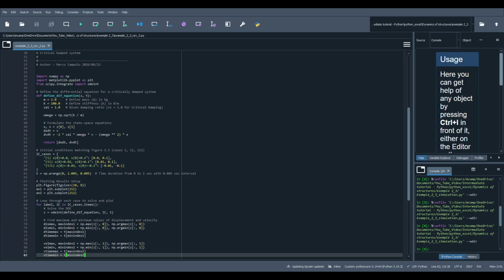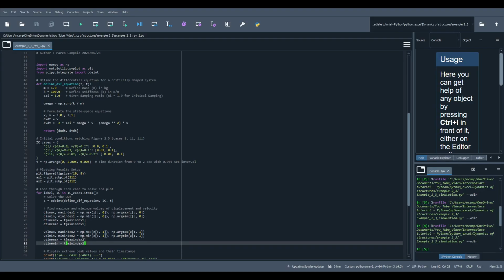We can remember that a standard spring mass damper system is governed by a second order differential equation. Because odeint can only solve first order ODEs, this code uses the state space method to split the second order equation into first order equations. So you can see the variables x and v, z0 and z1, which unpack the state vector: z0 is the current displacement and z1 is the current velocity.